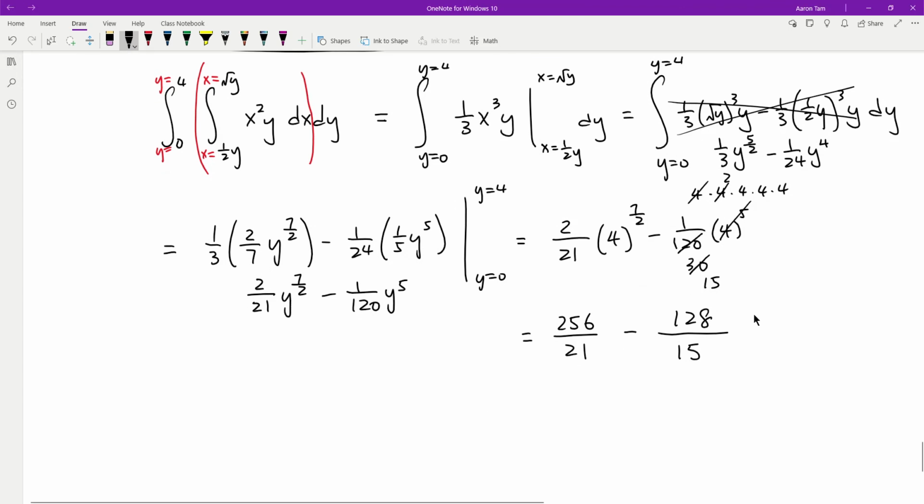So the common denominator, I guess, should be 105. So that would require this to multiply by 5, and this I would have to multiply by 7, I think. Okay, so that's a little tricky to do, but I think I can manage it. Let's see.